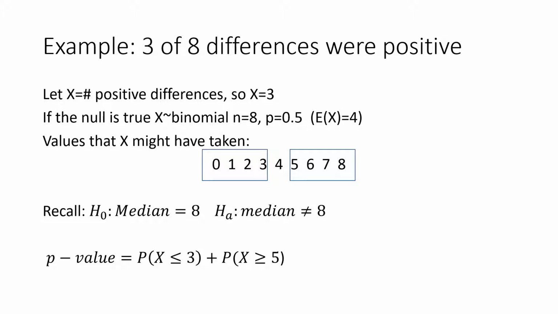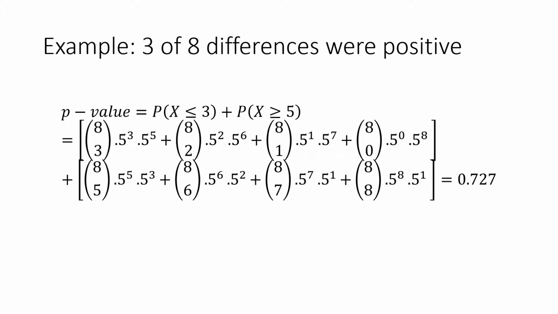So the p-value is the chance that I'd see something as far from my expected number of positive differences or further away in either direction. When I want to use my binomial distribution to find this, I can substitute into my binomial formula, and I can find that my p-value is 0.727.